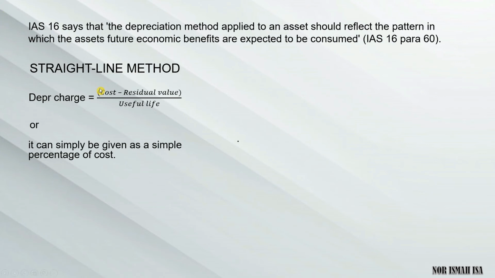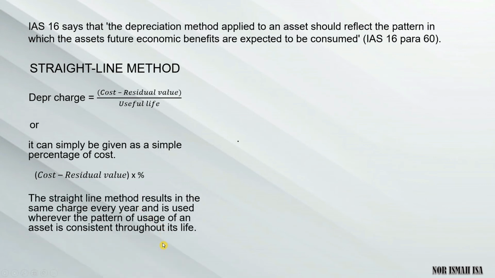Instead of giving the cost amount, residual value, and useful life, sometimes the question will give the cost of the non-current asset as a percentage. So in order to calculate, you need to minus the residual value from the cost, and then multiply by the percentage given. The straight line method results in the same charge every year and is used wherever the pattern of usage of an asset is consistent throughout its life.